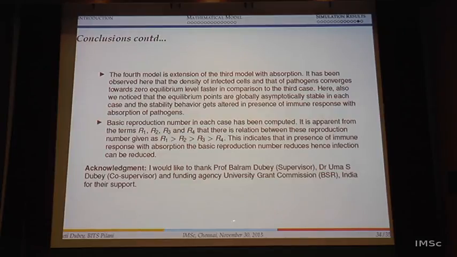The fourth model is the extension of the third model with the absorption. It has been observed here that the density of infected cells and that of pathogens converges towards the 0 equilibrium level faster in comparison to the third case.